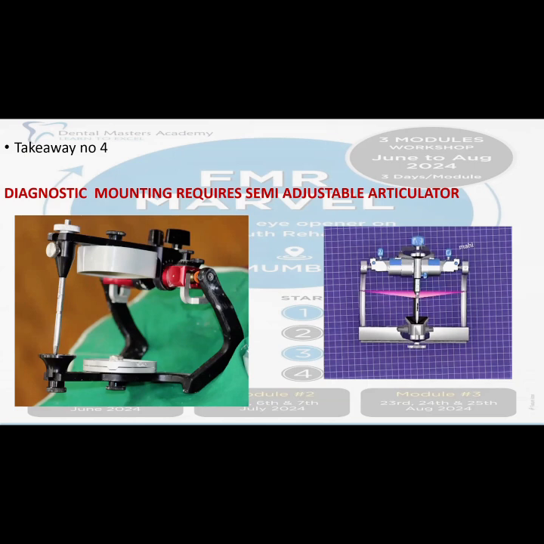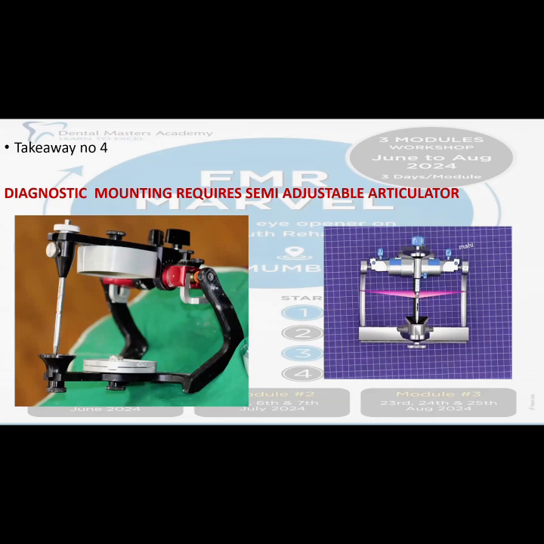So FMRs have to be done on semi-adjustable articulators only. You cannot consider doing FMRs on mean values and hinge articulators, which I keep seeing a lot. And the moment I try to explain, they say that there is no change, finally.